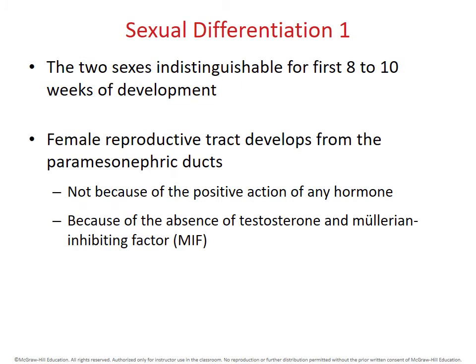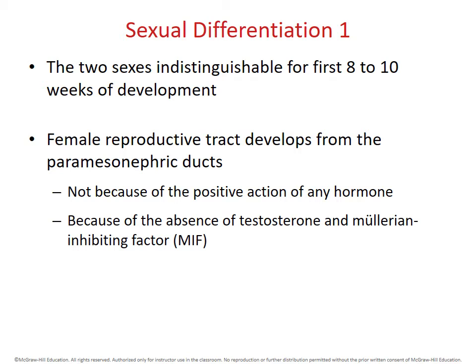All right, so as you may recall again from our conversation last week, the two sexes pretty much begin the same in embryonic development for the first 8 to 10 weeks or so. They're essentially the same, and then due to the effect of androgens, male hormones, the default state of female begins to change into male.